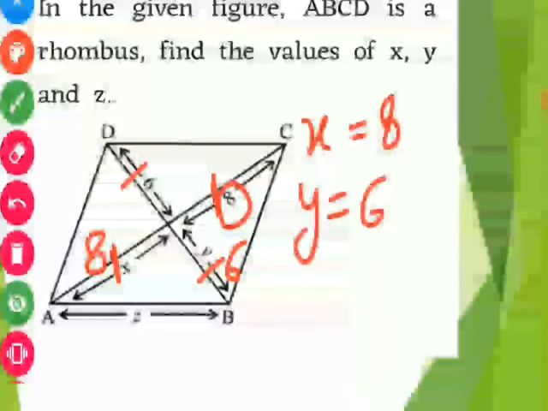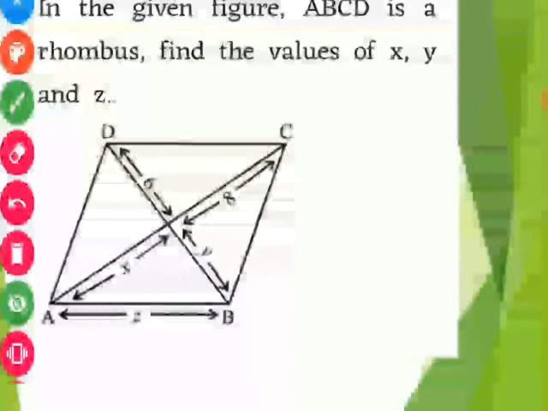6. Now as you know, the diagonals of a rhombus bisect each other at 90 degree. So this angle will be 90, this angle will also be 90, this will also be 90, this will also be 90. So now you can see we have a right angle triangle here. So clearly just see this is a right angle triangle here.